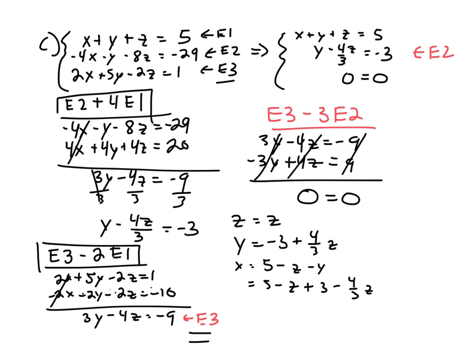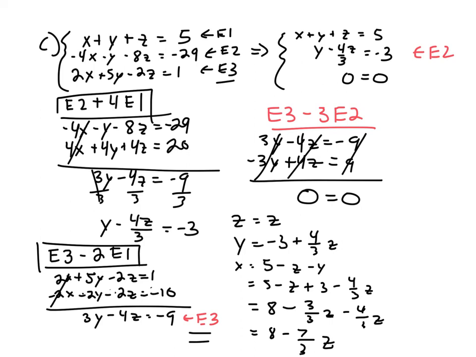Alright, and so let's go ahead and bring some terms together here. We have 5 and 3, which makes 8, and we have minus z and minus 4/3 z. So I'll write this as 3/3 z minus 4/3 z, right? To get the same thing on the denominator. So that's 8 minus 7/3 z.